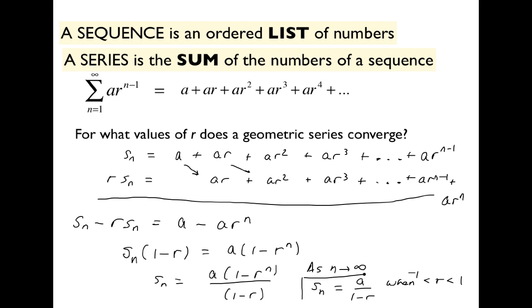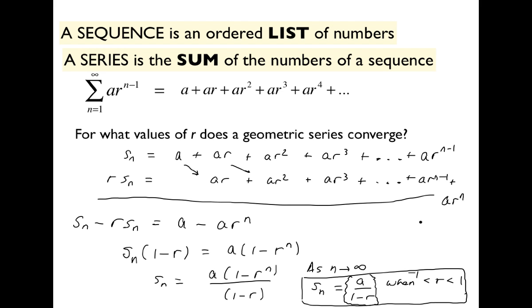So when the sequence converges to 0, we get the same condition. When r is between -1 and 1, this sum will be finite. And even better, we know exactly what the sum will be: a over 1 minus r. That's really nice.